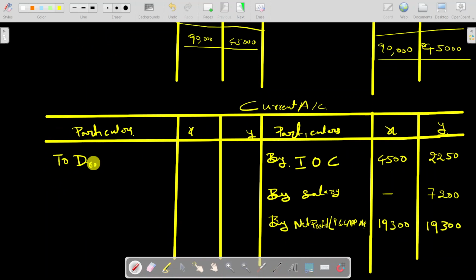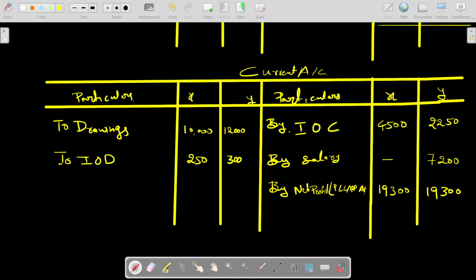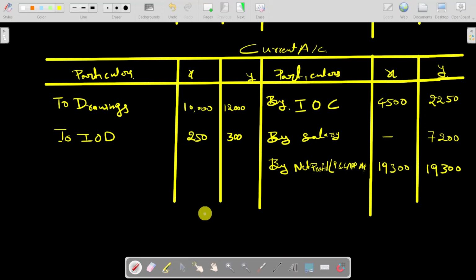So drawings and interest on drawings will come in the debit side of the current accounts. How much drawings are they taking? 10,000, 12,000. Interest on drawings will be 250, 300. Right. That's all. There are no other things that will come in the current accounts here.